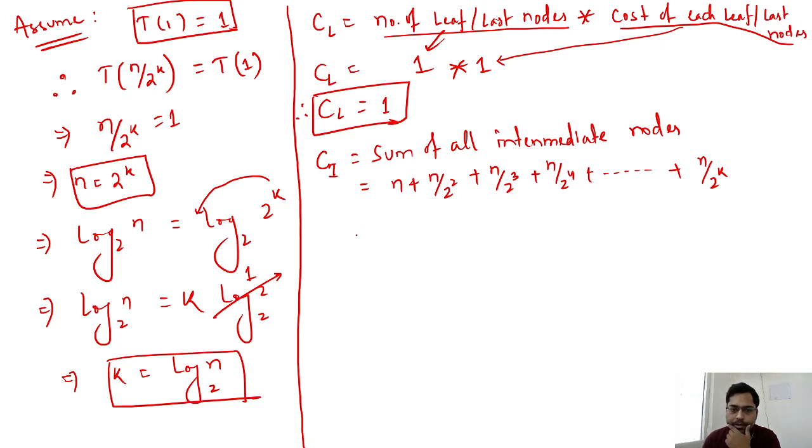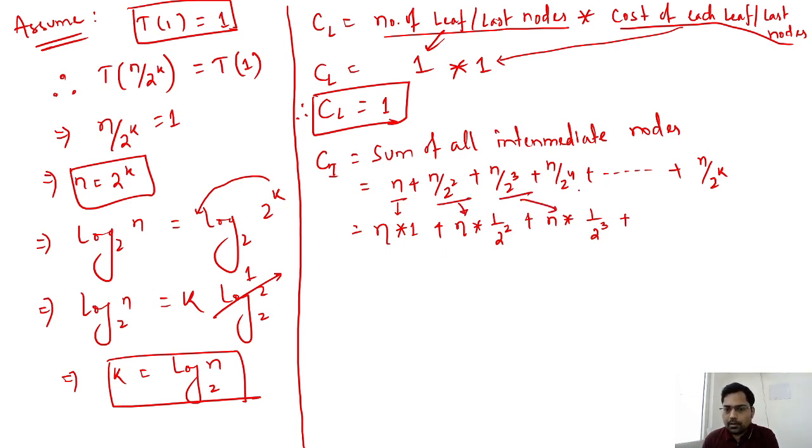Okay. Then what is the next step? n is getting multiplied with 1, the first one. Next, n into 1 by 2 square I can write. Then n into 1 by 2 cube also I can write. This one is also being written like this.